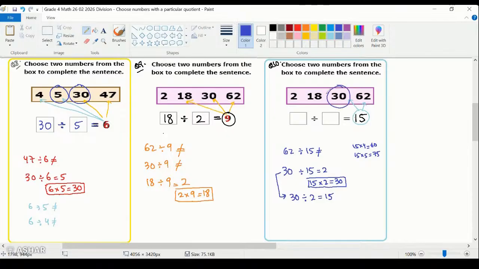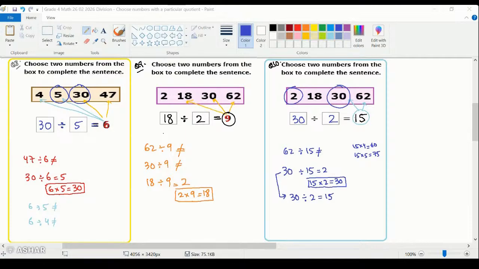So we can pick up these two numbers. 30 divided by 2, right? So we can just change the values and we can reuse the questions.